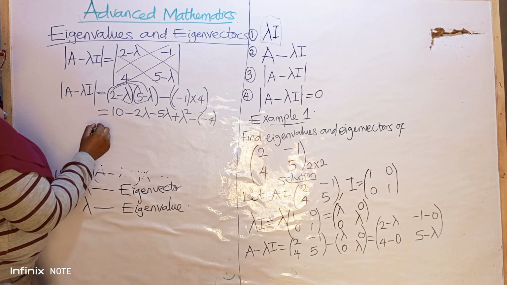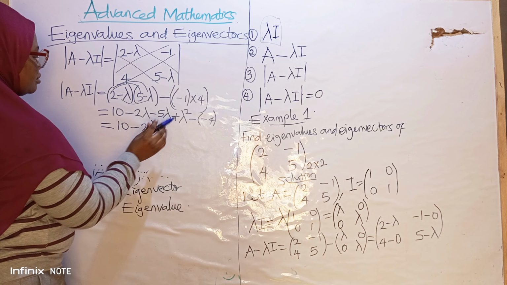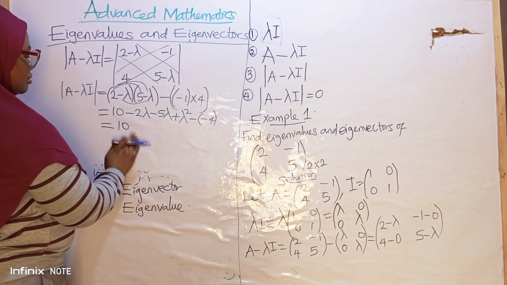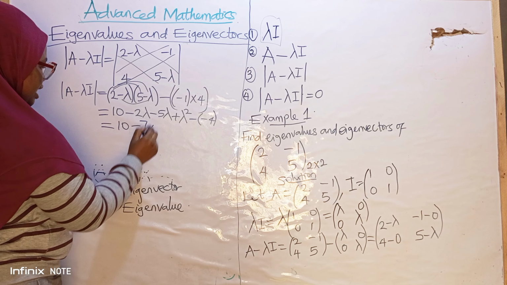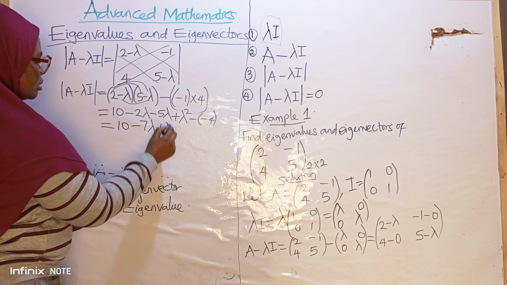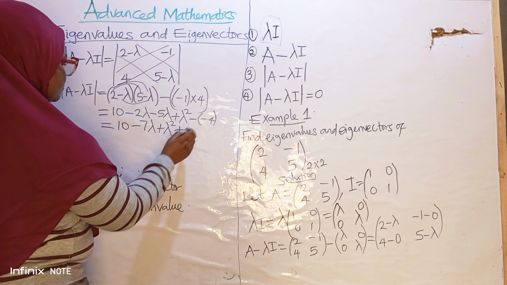So I have 10 minus 2 lambda minus 5 lambda, which gives me minus 7 lambda, plus lambda squared. Minus multiplied by minus 4, that is plus 4.